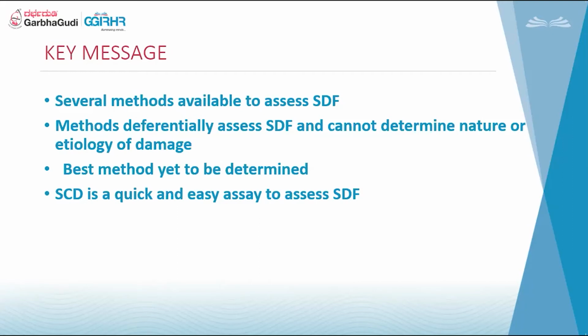So DFI is a relatively important test in our routine analysis. But if the patient is coming the first time, primary infertility, and there's no abortion, there's nothing, usually we don't opt for this method. If the count is fine, motility is good, morphology is also good, then we don't go for DFI.